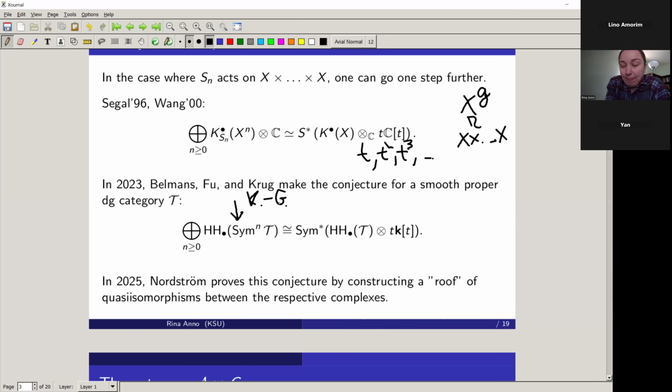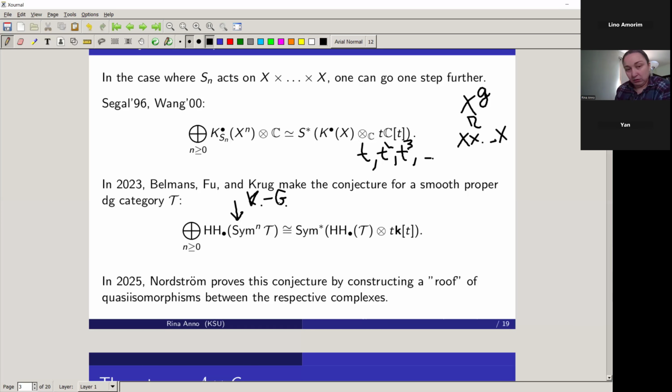So may I ask, at the level of stacks of objects, assuming that it's a sufficiently good DG category, what does it correspond to? An isomorphism with spaces of differential forms? Now I think it corresponds to an isomorphism of K-theory, so equivariant K-theory.